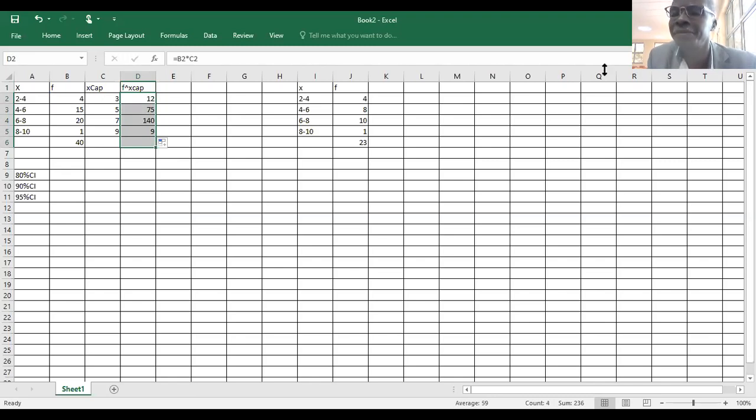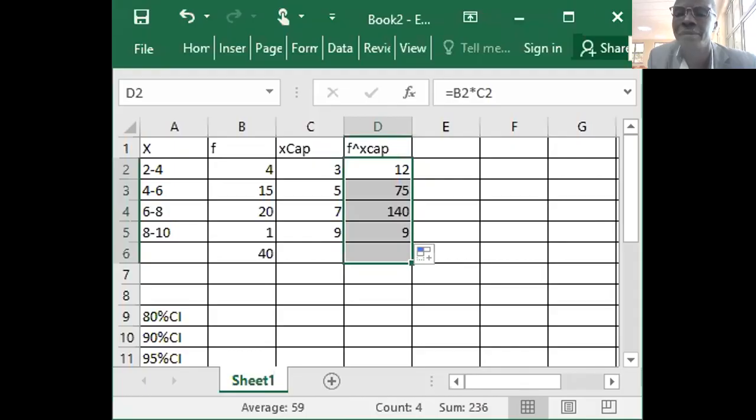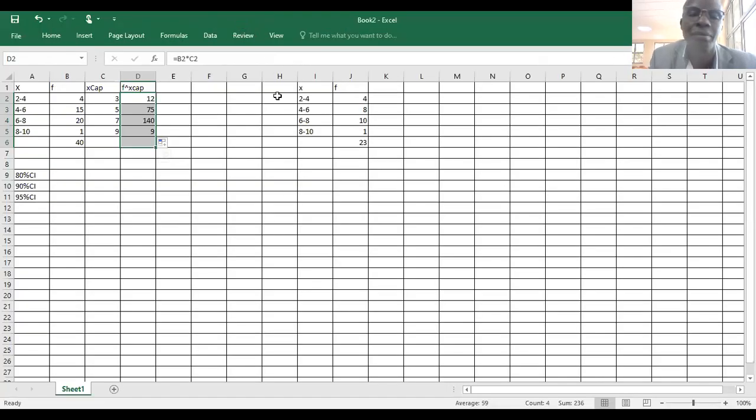What's the sum of that? The sum is 236. So our X bar equals 236 over 40.